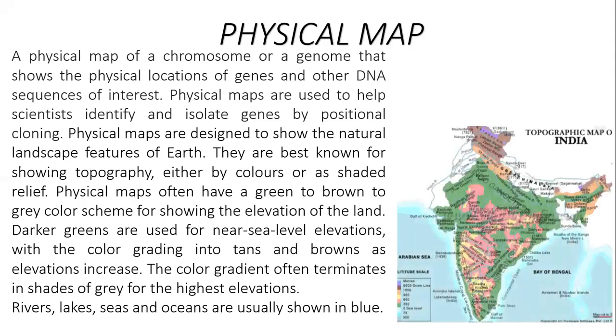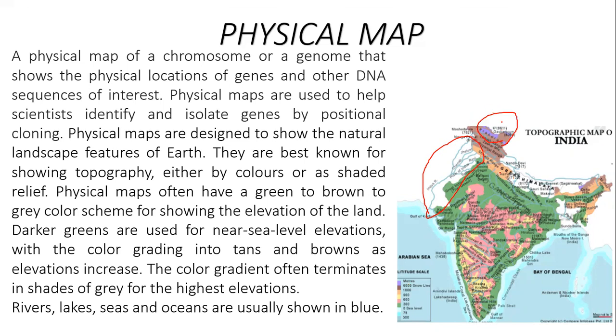This is a physical map of India. The blue lines which are flowing are the rivers. The purple part shows the snow line.